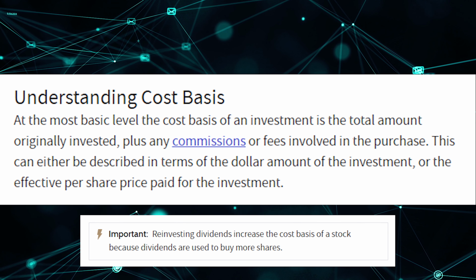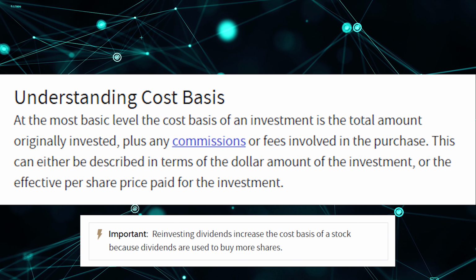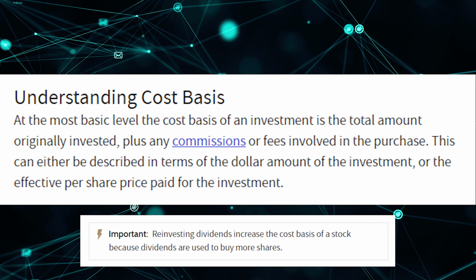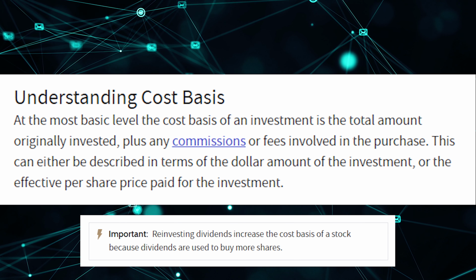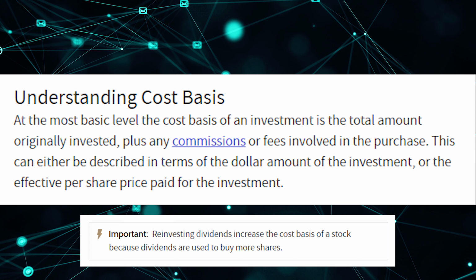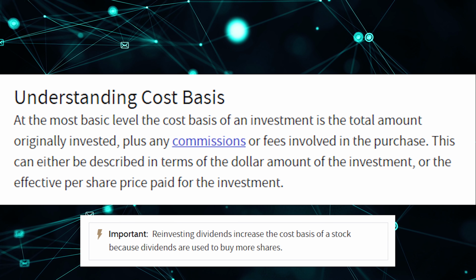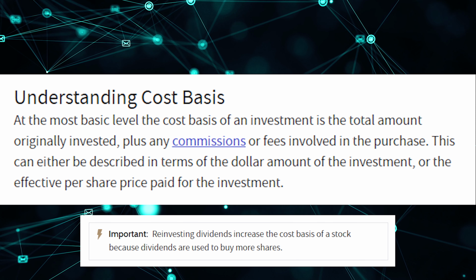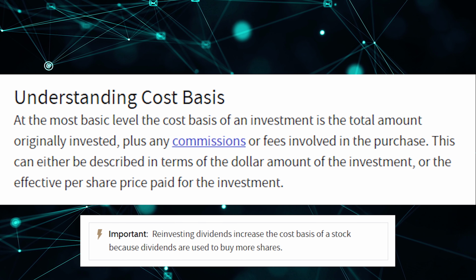Then next month I invested $200. Then a week later I invested another $100. My total cost basis would be $400. If a month later that company paid me a dividend of $5 and I reinvested that $5, my cost basis would become $405.